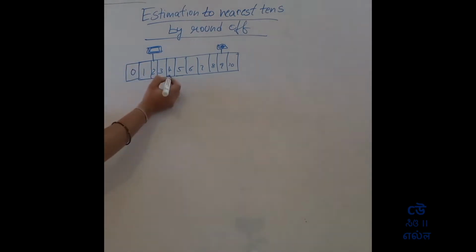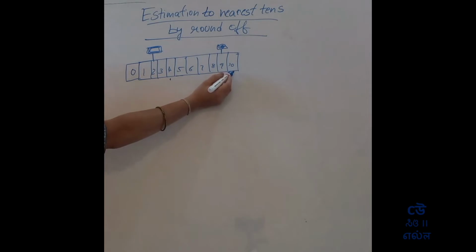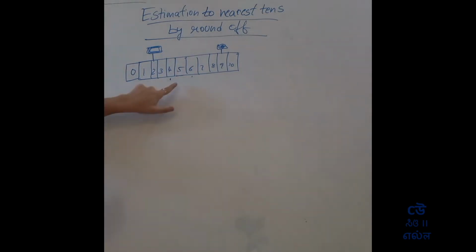From here 1, 2, 3, 4, 5. 5 numbers are there. From right also we took 5 numbers. From left also we took 5 numbers. So which is the middle number we got? 5. 5 is the number which we got in the middle.